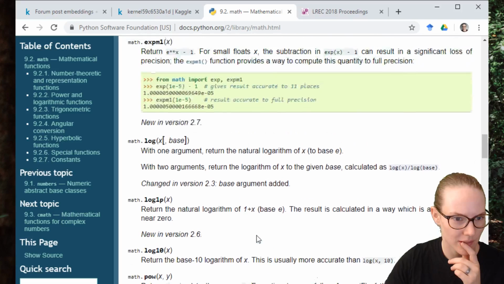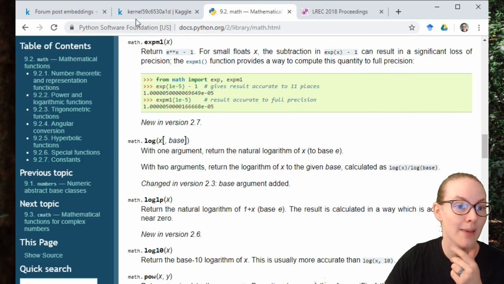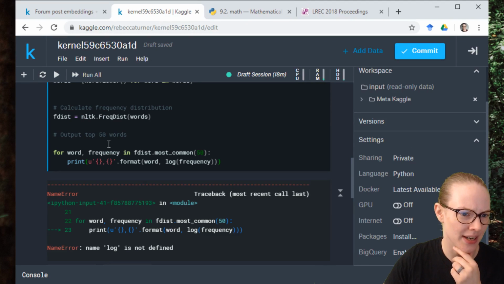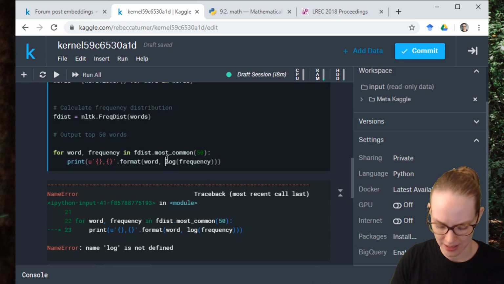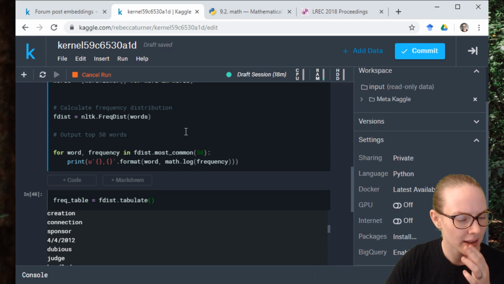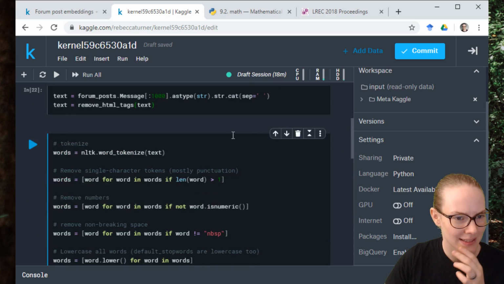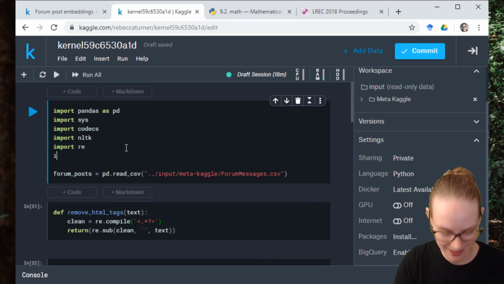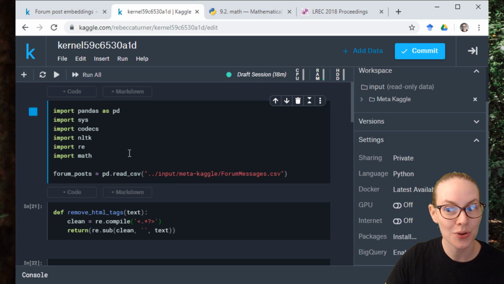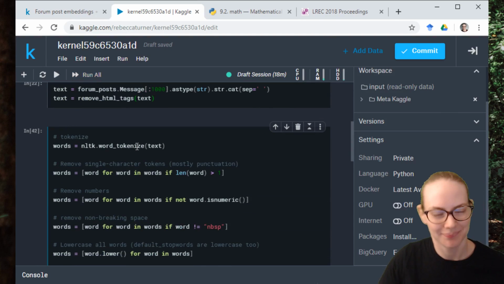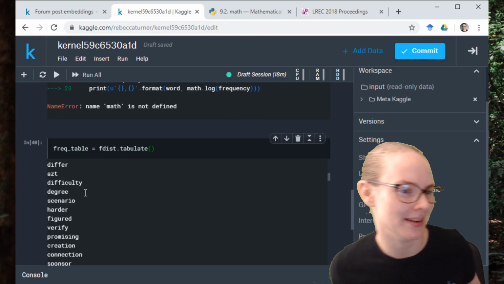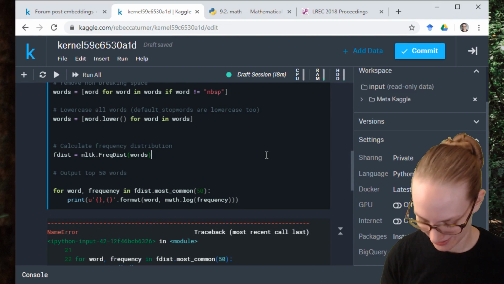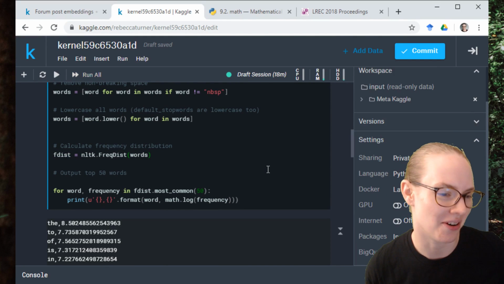Log. Okay. Oh, it's math.log. All right. I think that's a built-in. I don't think I actually do need to import anything. Math.log. Yeah, is that going to work? I do need to import math. I need to import math into this computer language. I guess you don't always need math, but still. If this were R, we wouldn't have to import anything.